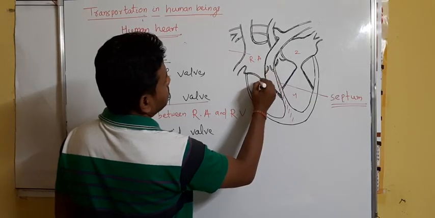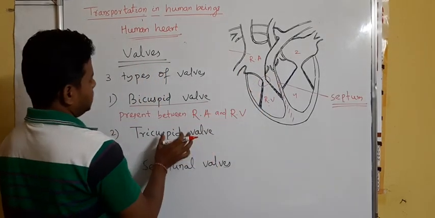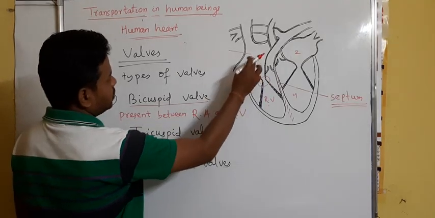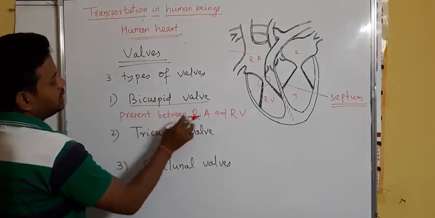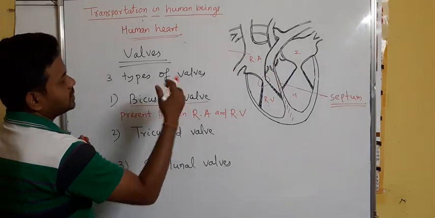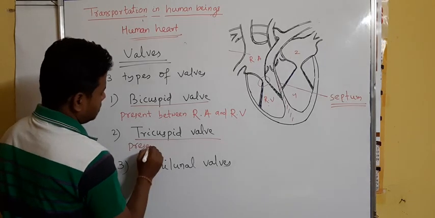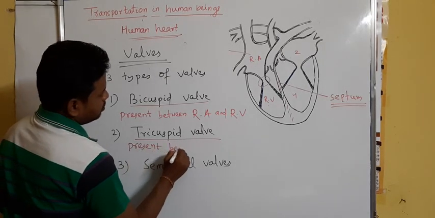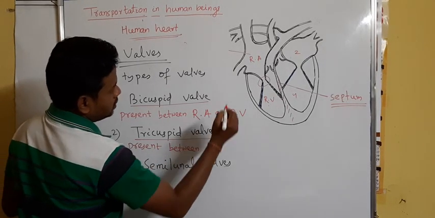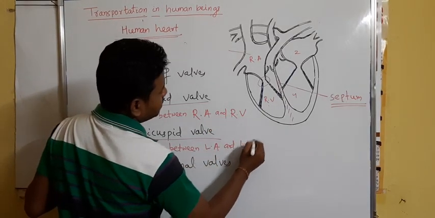So this part is the bicuspid valve, which is present between the right auricle and right ventricle, and then the tricuspid valve is present between the left auricle and left ventricle.